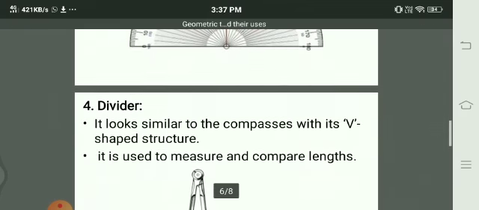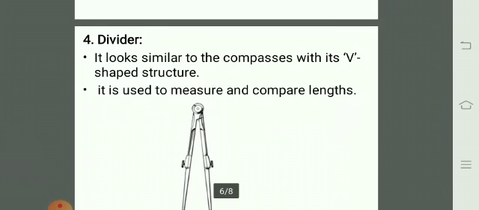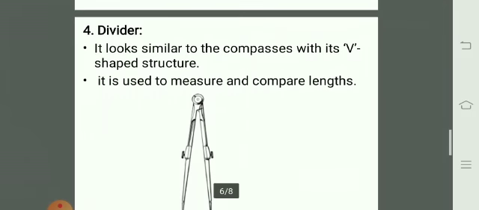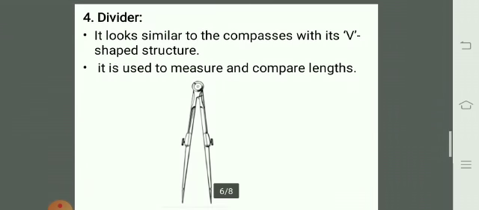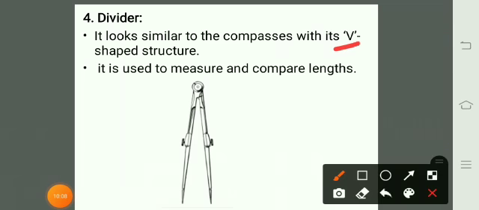Fine. Now we are moving towards the next device, that is a divider. So what is the divider? If you observe the picture, it is similar to the compass. The divider is also a V-shaped structure. But what is the difference between the compass and the divider?